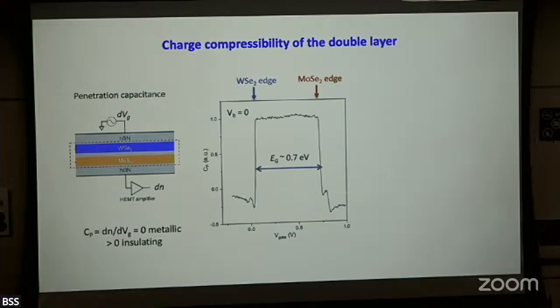So at this voltage, it's the tungsten selenide band edge, and then you have a molybdenum selenide band edge. So from here to here, the double layer is insulating. And this distance also tells you the gap size, right?